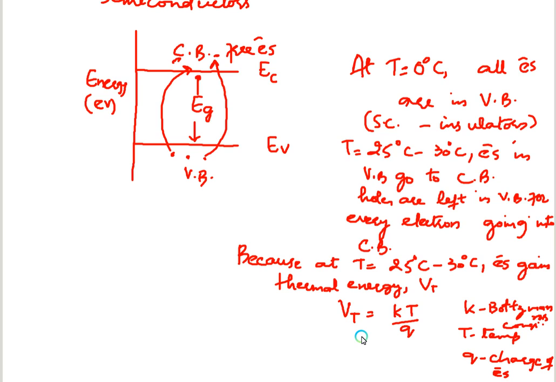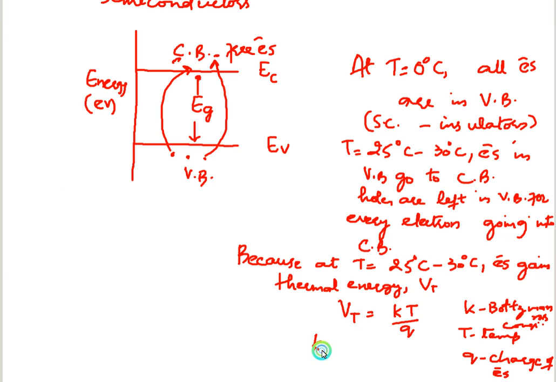So you need to remember these constants, units and other things I told you earlier. The k value is 1.38 into 10 to the power of minus 23 joules per Kelvin.